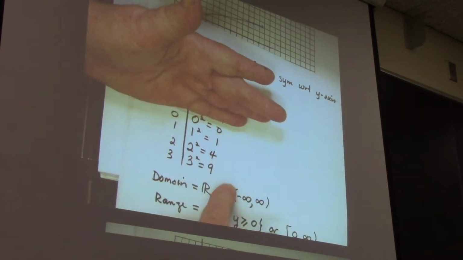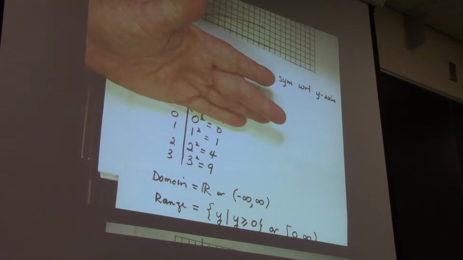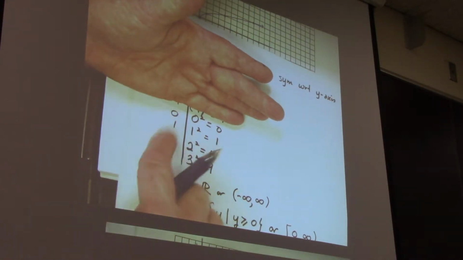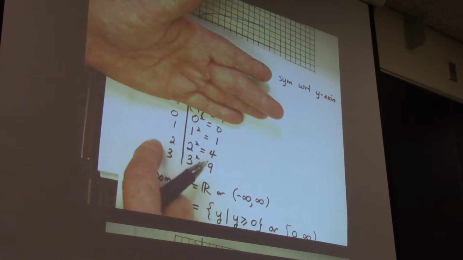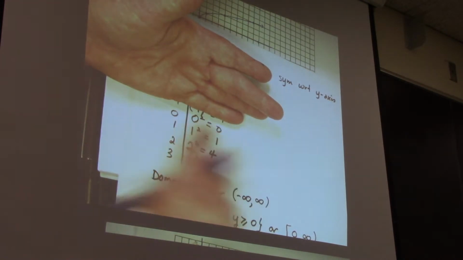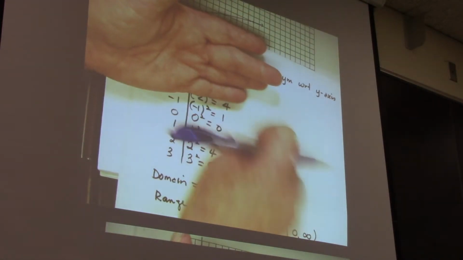So these points are exactly the same as the ones on y equals x squared, except the x's and the y's have been interchanged. You can't really tell with the 0, 0 and the 1, 1, but here you got 4, 2, 9, 3. So these points give us half a parabola, if I exclude the other half.